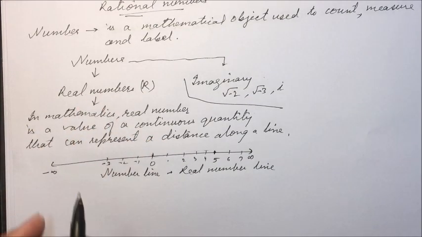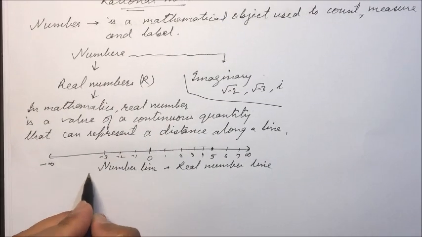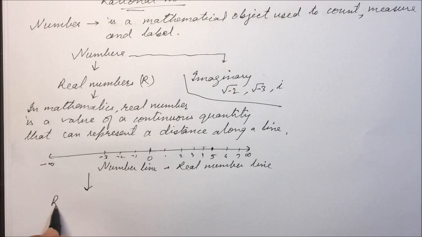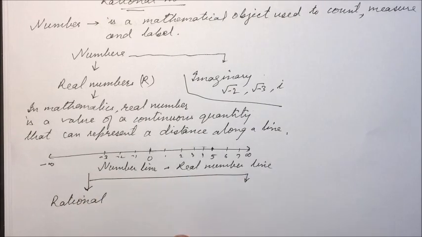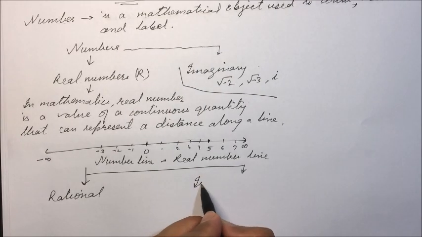So real numbers we have discussed. Now real numbers can be rational, they can be irrational.